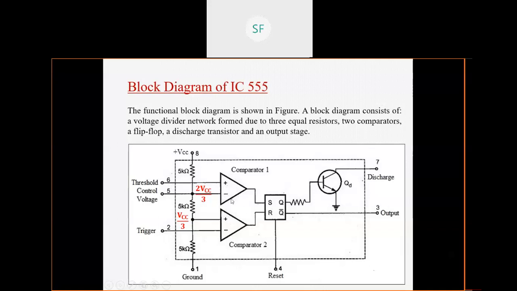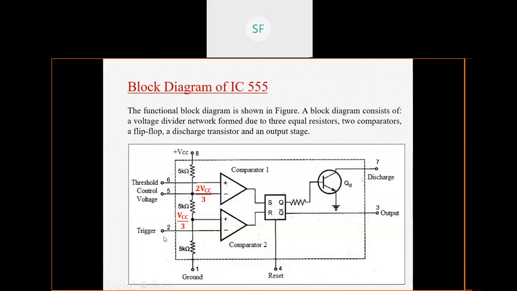The outputs of the comparators are given as input to this flip-flop, so you are controlling the comparator output as well as the output of your flip-flop. And the output of flip-flop is nothing but the discharge and output pins.